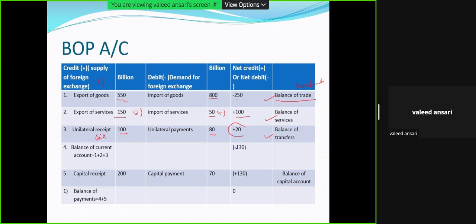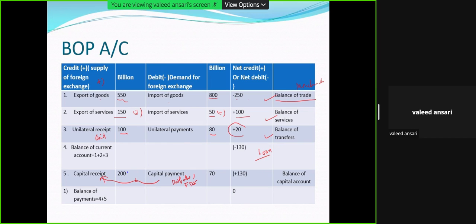If it is a deficit, then there may be government loans or other arrangements that result in inflow of foreign exchange. For example, if this is the deficit, but capital is flowing into our country, like portfolio investment, FDI, and other types of investment, that will result in an inflow of foreign exchange.